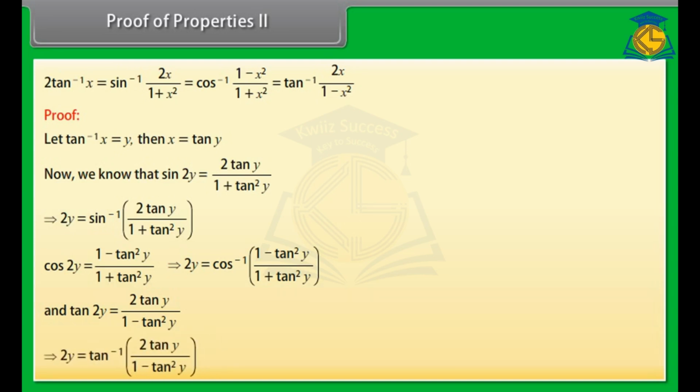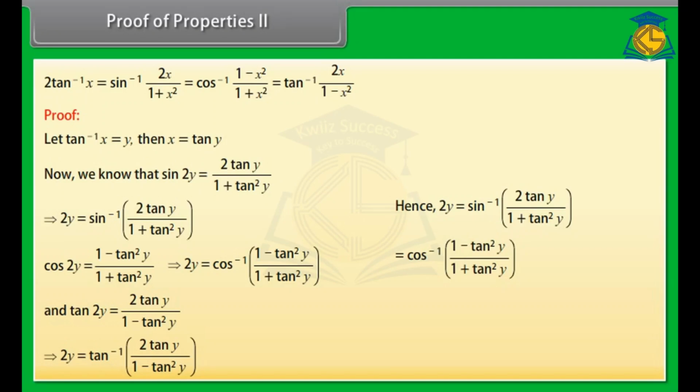It implies that 2y is equal to tan inverse of 2 tan y by 1 minus tan square y. Hence, 2y is equal to sin inverse of 2 tan y by 1 plus tan square y, which is equal to cos inverse of 1 minus tan square y by 1 plus tan square y, which is equal to tan inverse of 2 tan y by 1 minus tan square y.